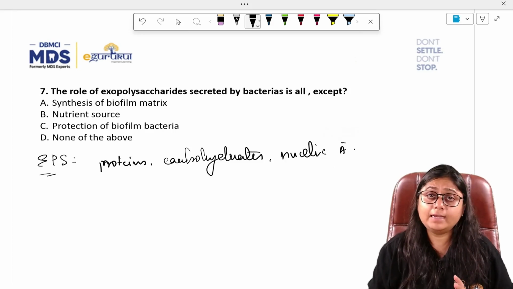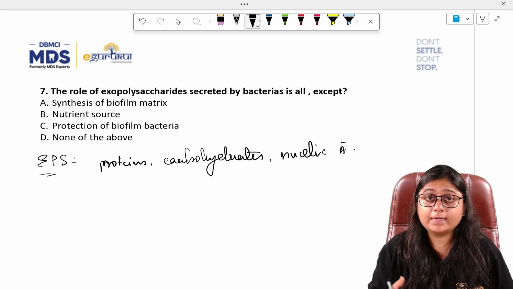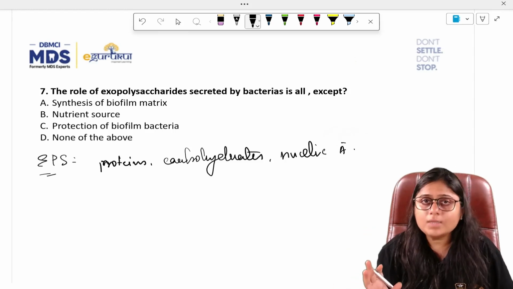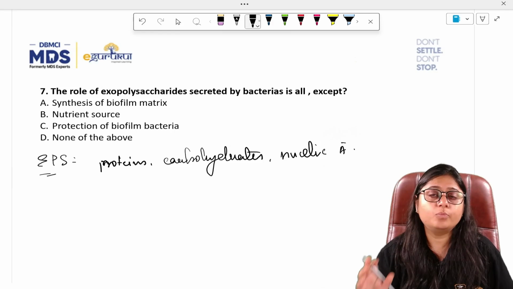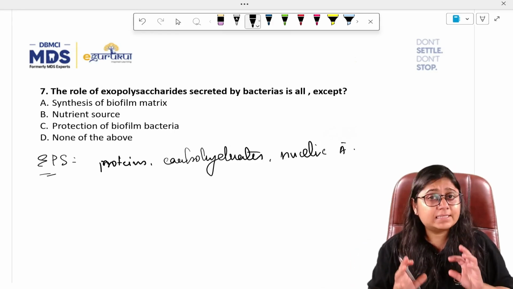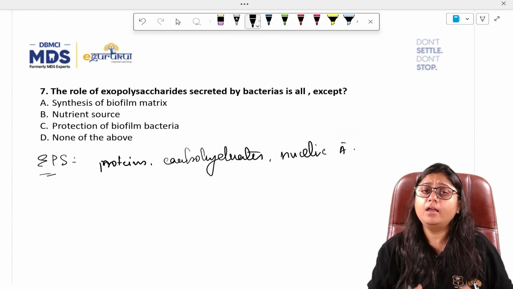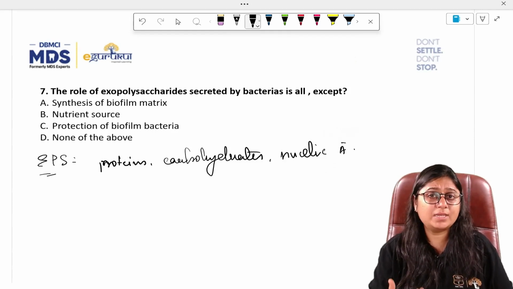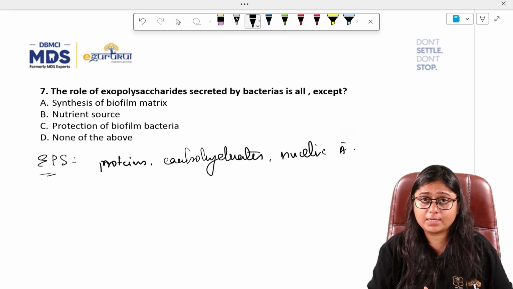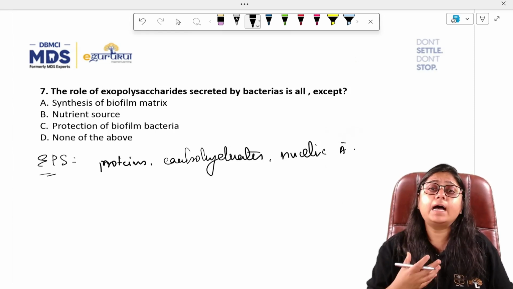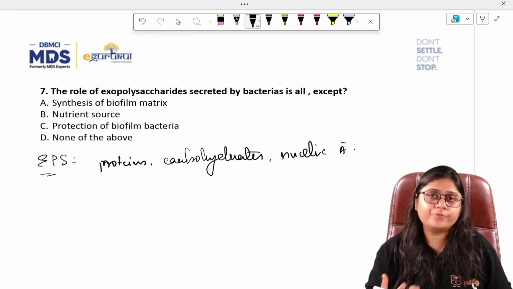Now exopolysaccharide is still under research and it is considered the dark matter of plaque because its exact composition is not completely understood. But some components have been studied, and the carbohydrates or polysaccharides present in the exopolysaccharides are glucans, levans, fructans, and these form the backbone of the biofilm.